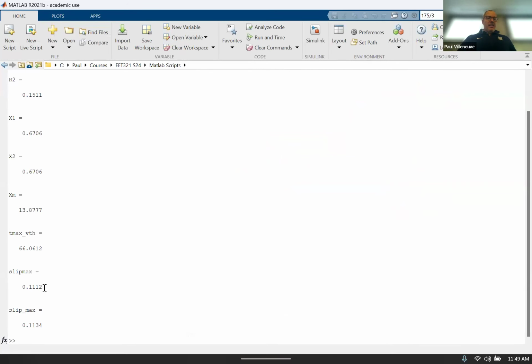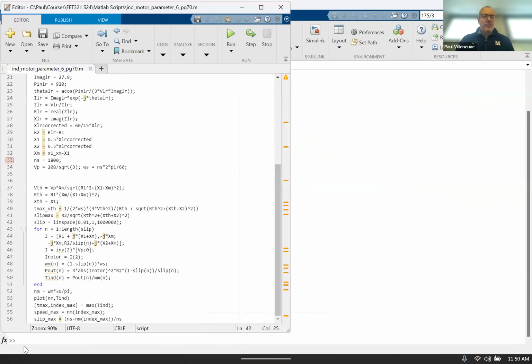I did the indexing and I pulled it out and I calculated it as 11.3% versus 11.12%. But the slip max one over here, if you look at the script file, I actually display that over here. So I actually did the calculation we just did, just to be able to confirm the two, see if we get the same results.